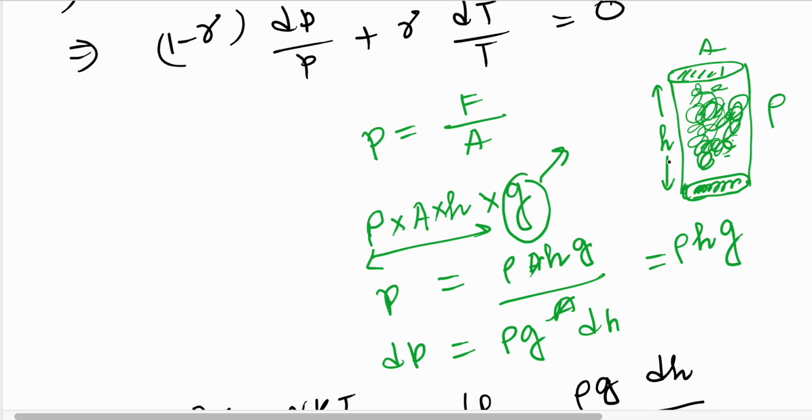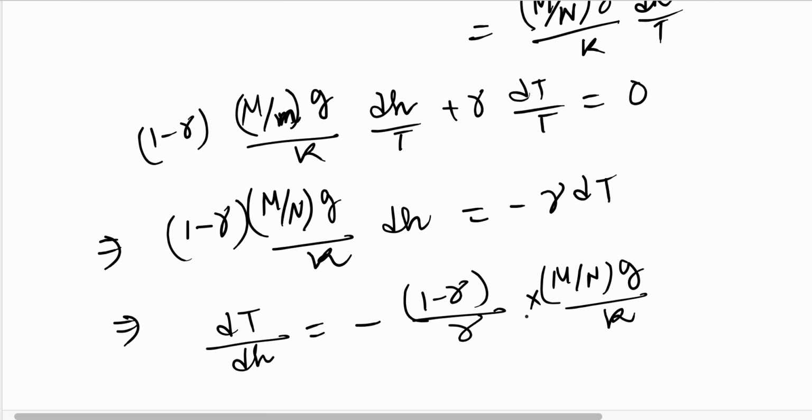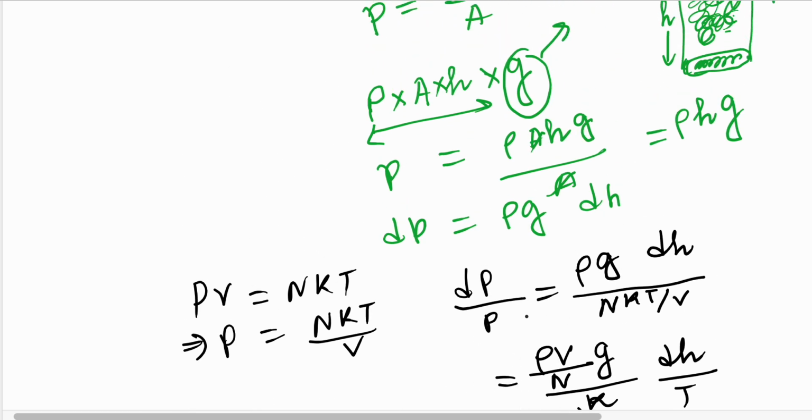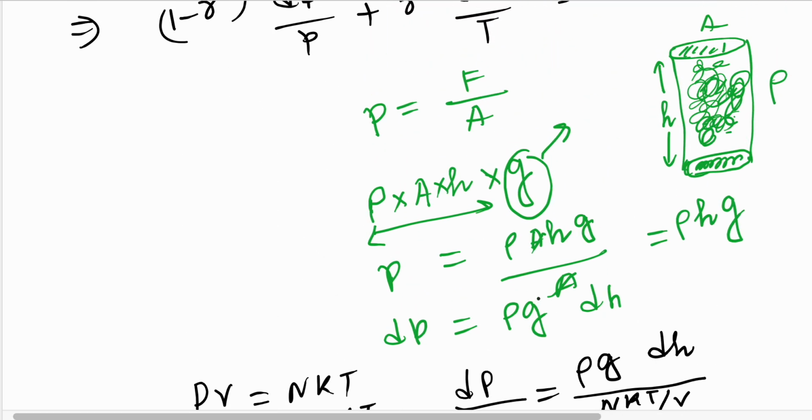Let me check one thing. Here I made one silly mistake. When I increase my height from the ground by an amount dH, my pressure will not increase, it should decrease.